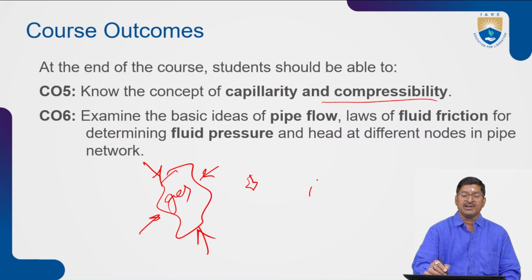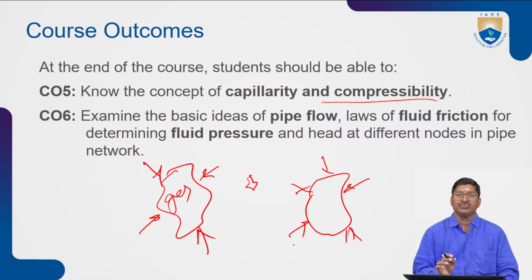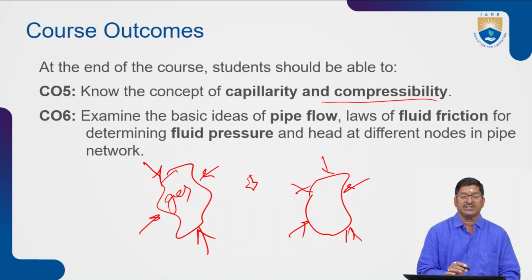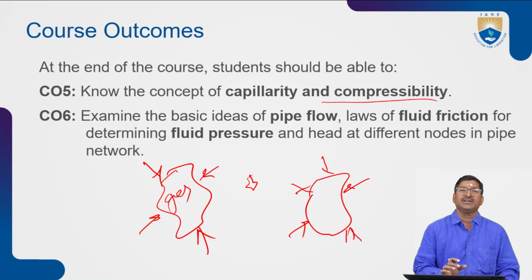If you apply external force on water, its volume will not change. If volume is not changing, those are called incompressible fluids. An example for compressible fluids is gas, and an example for incompressible fluids is water. So in course outcome 5, you get knowledge of this compressibility and capillary.